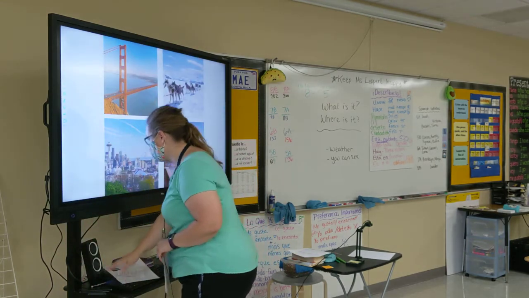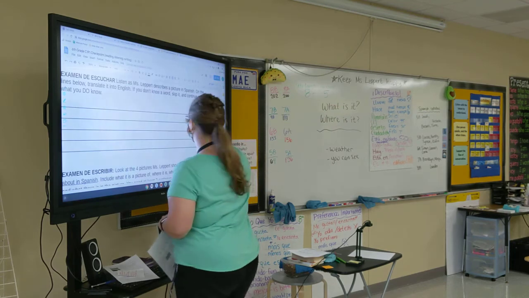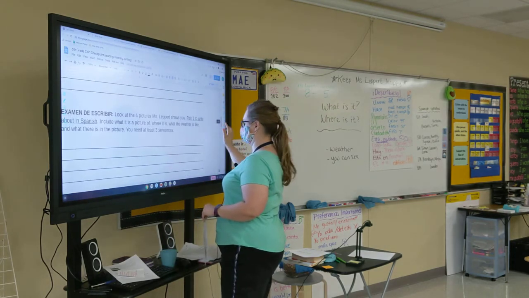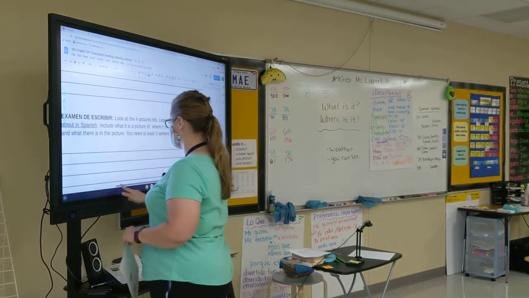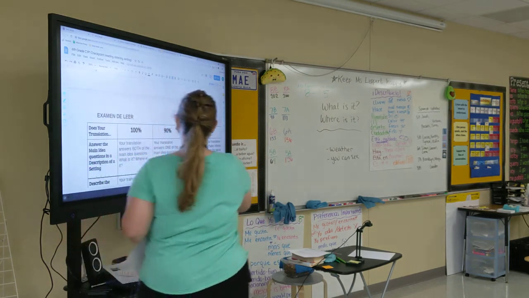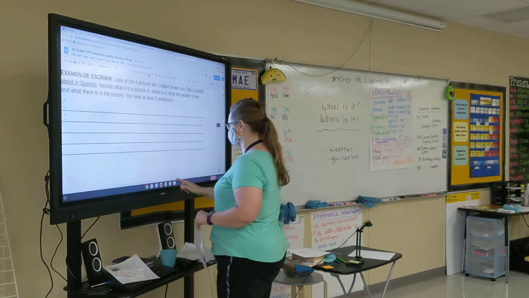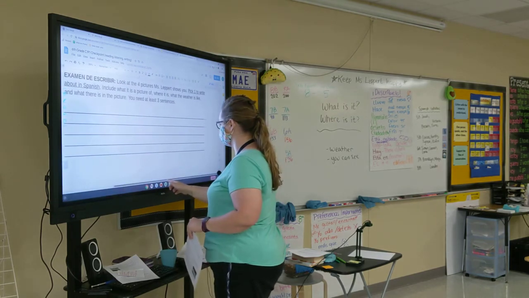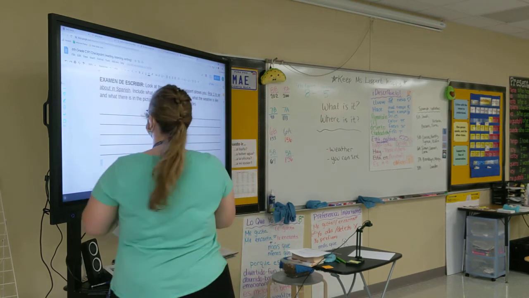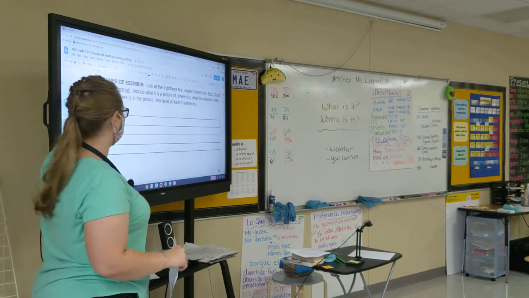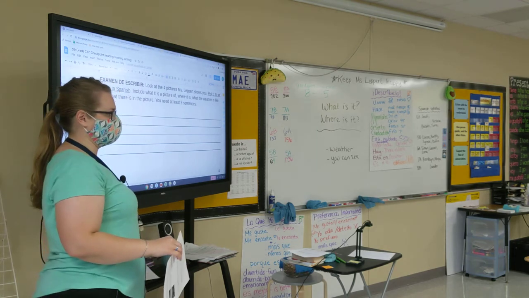And right next to where you wrote your paragraph, in the space to the left of it, I want you to write the number of sentences that you had. So if you had 5, you should put a number 5 there with that color.